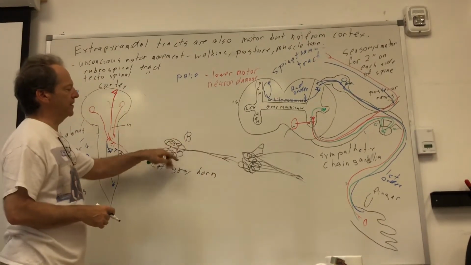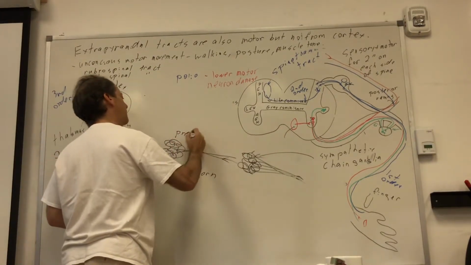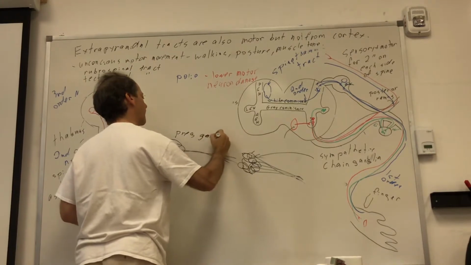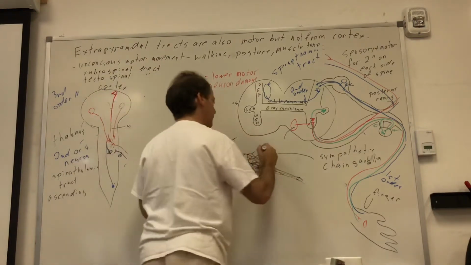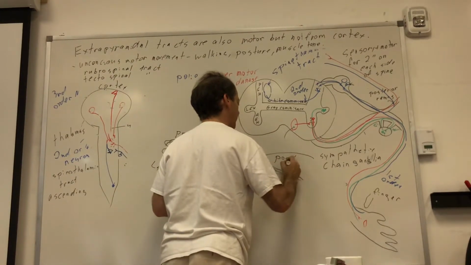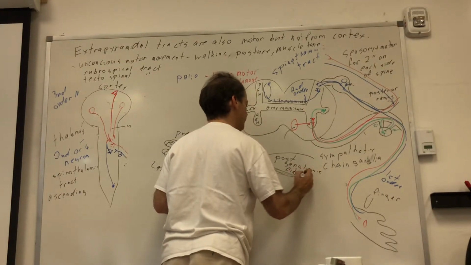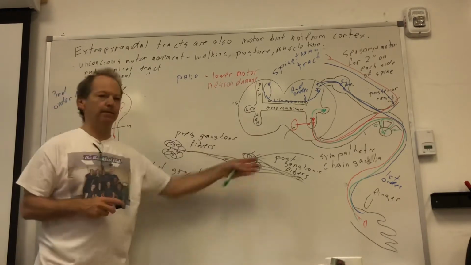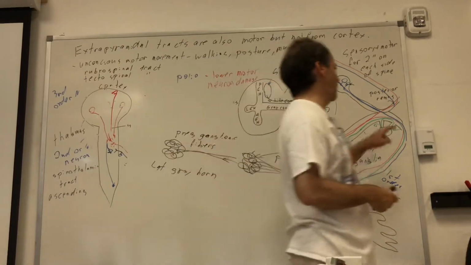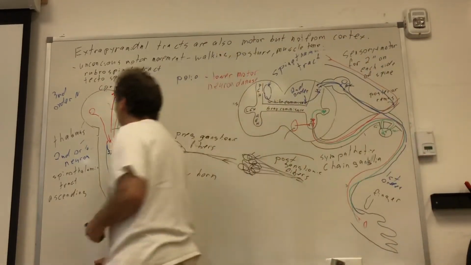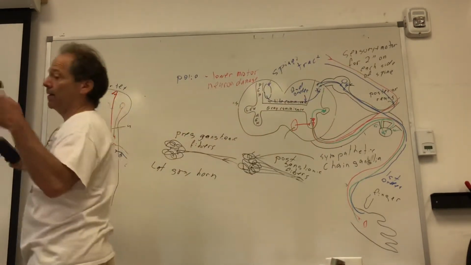So we call these, I'm going to take the A and the B off because that's going to be confusing, we call these the preganglionic fibers, and we call these the postganglionic fibers. So it's the same basic deal as presynaptic and postsynaptic, but this is reflecting the fact that it's not one neuron, it's going to be a whole bundle of them. So, the autonomic pathway.